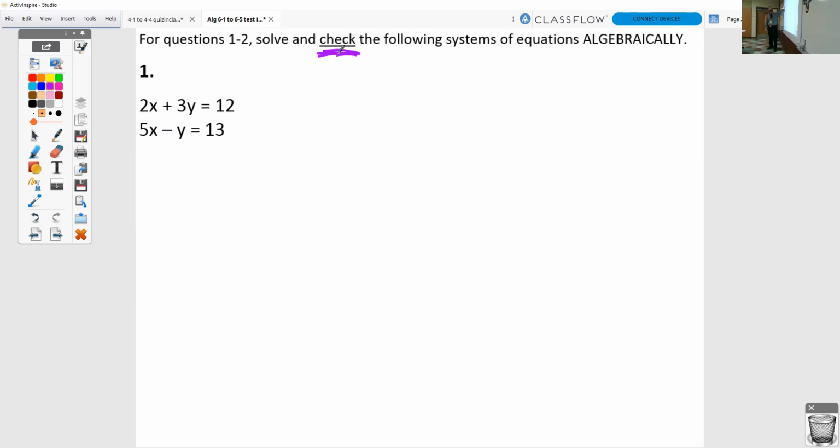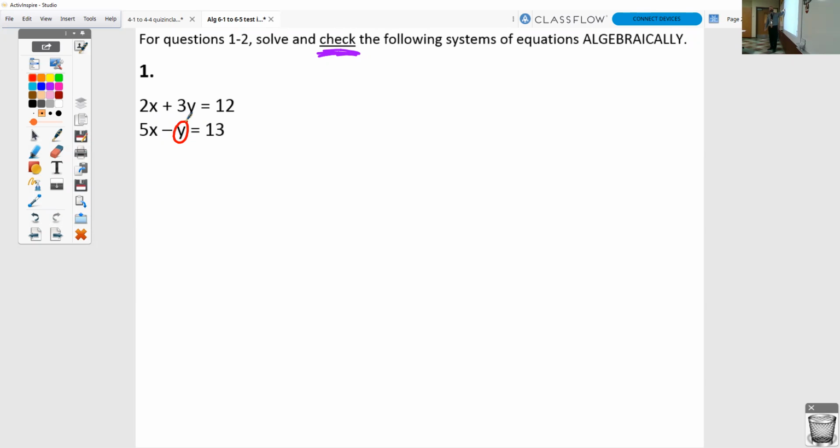When we take a look at question number 1, you have your system of equations. You could technically, and I wouldn't do it this way, but some people might want to. Could you see how you have this y that's all by itself? There's not a number in front of it like a 2 or a 3.